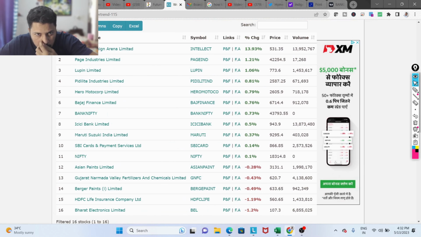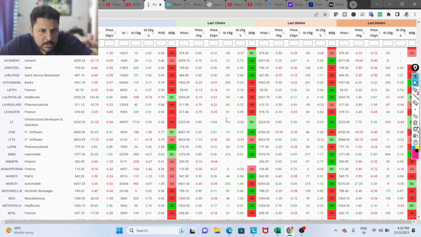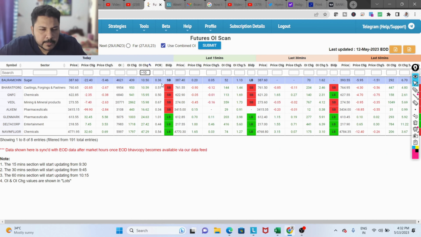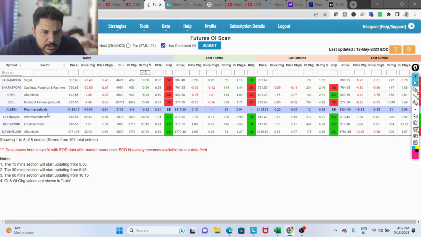So let's look at OI data also and see which is a better stock for us to take an entry. So let's see OI change greater than 10%. So greater than 10%, we have these many stocks.